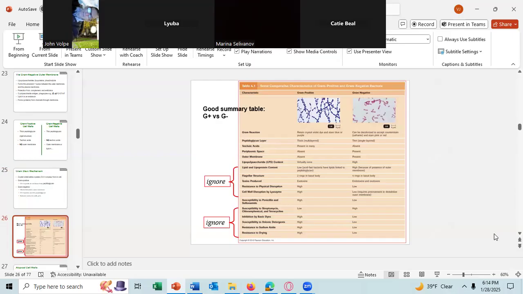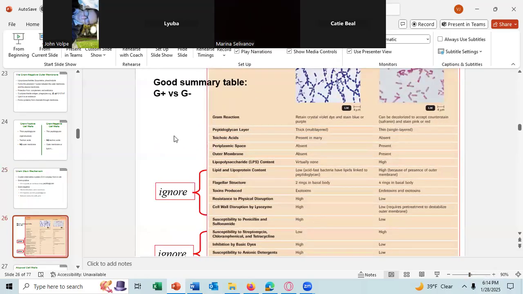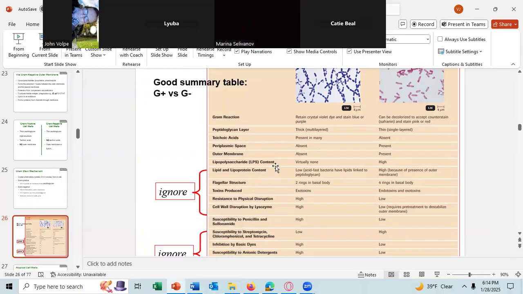All right, this is a summary table of gram-positive and gram-negative cells. You only need to know the portion above the red. You can ignore all the portion below the red. The gram reaction of a gram-positive cell is positive because it retains the crystal violet iodine complex of the gram stain.